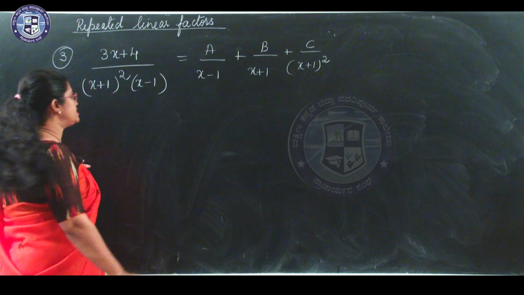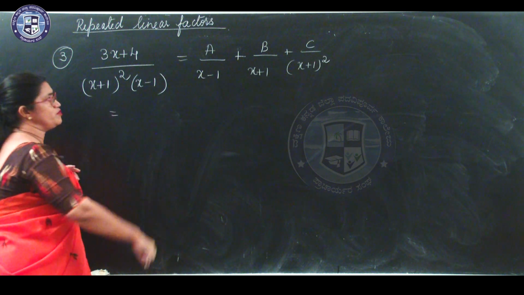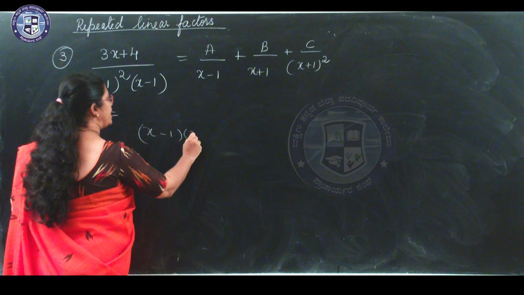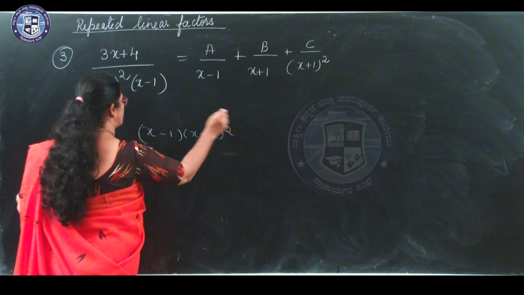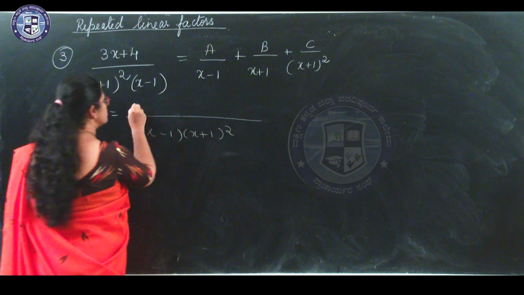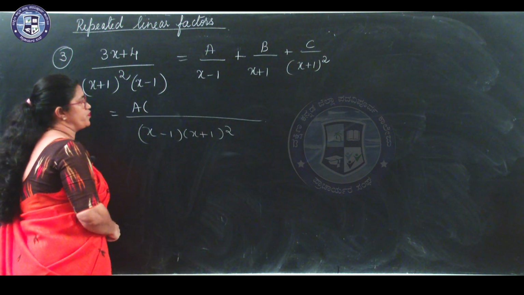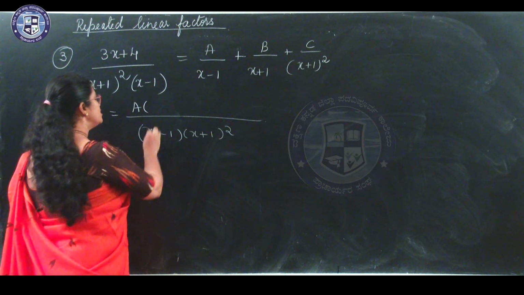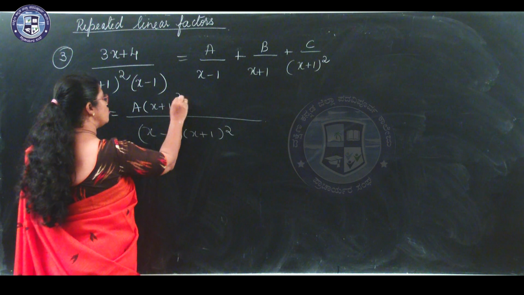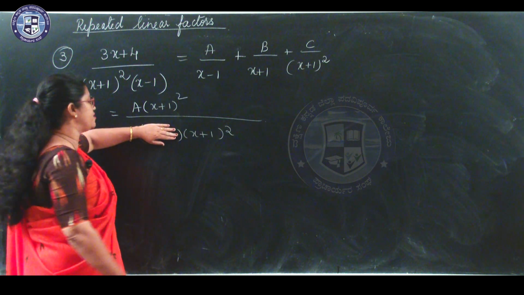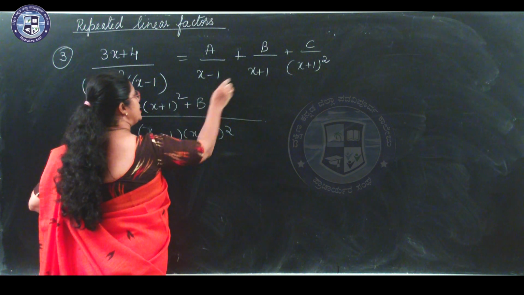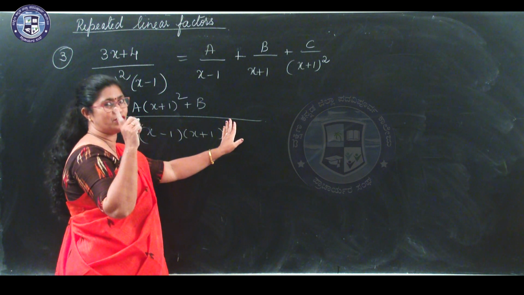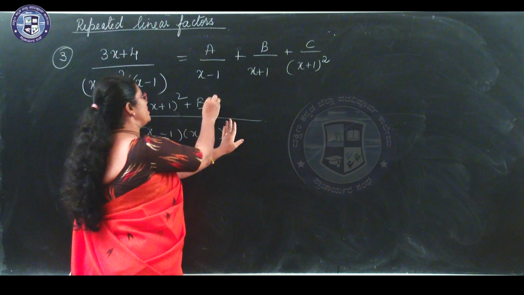Now take the LCM. When you take the LCM, you get it as x minus 1 and x plus 1 the whole square, and numerator becomes a into x minus 1 is there, close x minus 1. So x plus 1 the whole square. What's remaining you write. Next for b, denominator has one factor but it does not have another, so I need one more and I need x minus 1.